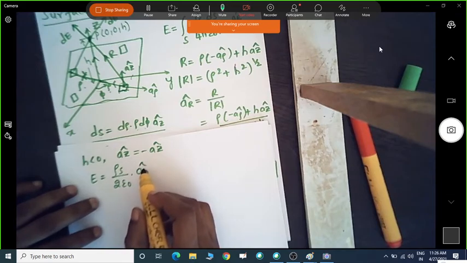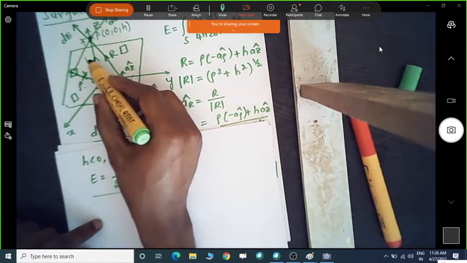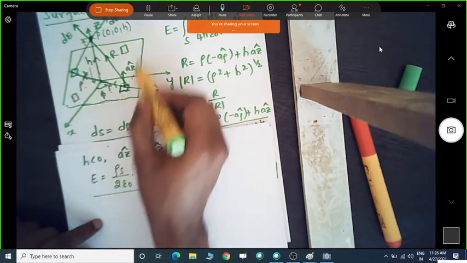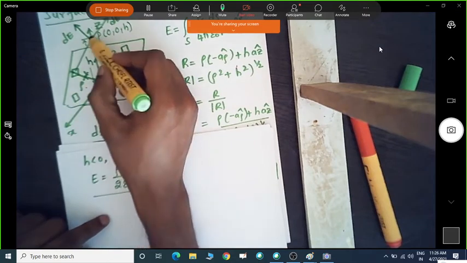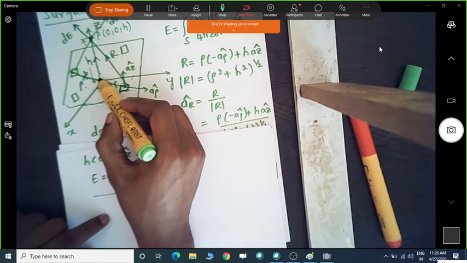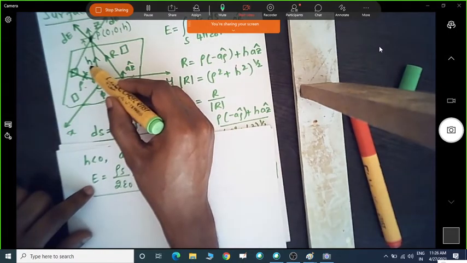Now we can see one more point in this expression. We have the point at distance h from the origin, that is, from the sheet to the point. You can observe here that the electric field is independent of that distance.